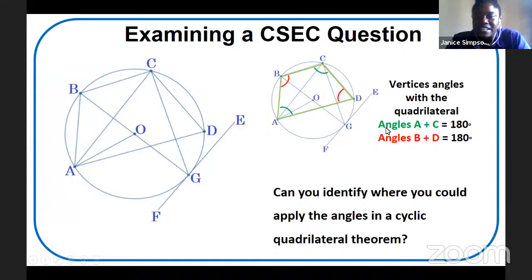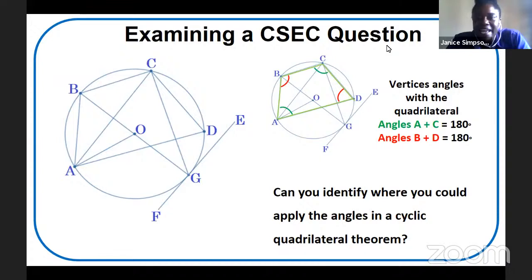So that's it. Let's just identify what our cyclic quadrilateral would look like here. And of course, you're correct, A, B, C, and D. We recognize that the angles that are diagonally opposite, B and D, are supplementary. That means they add to 180 degrees.